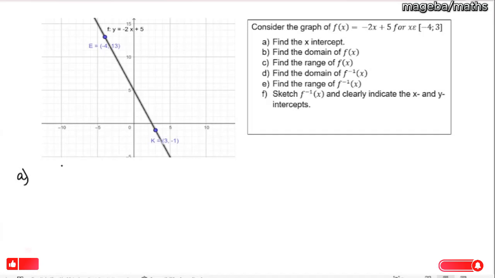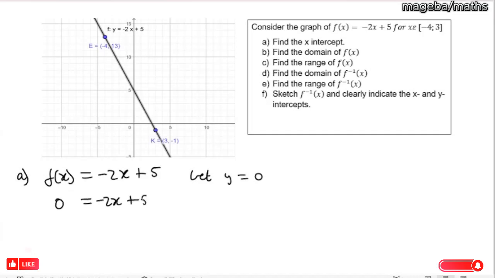Now, finding the x-intercept, remember they are telling us that our function f(x) equals negative 2x plus 5. Then how do we find the x-intercept? We let y equal 0. So it's going to be 0 equals negative 2x plus 5.